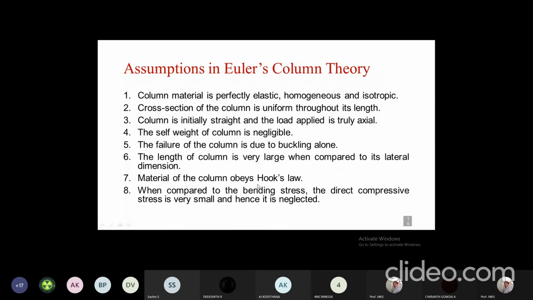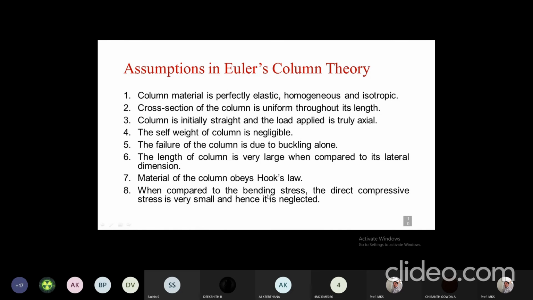Seventh assumption, the material of the column obeys Hooke's law. So its stress is proportional to strain for the column under elastic limit. The last assumption: compared to bending stress, the direct compressive stress is very small and is neglected. As said, it is applied with only an axial load, and whatever compressive stresses are induced are neglected, and the equations are derived.